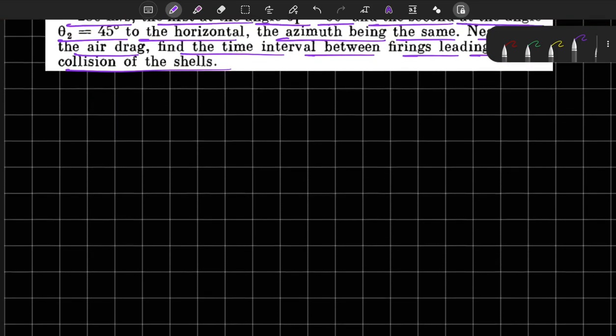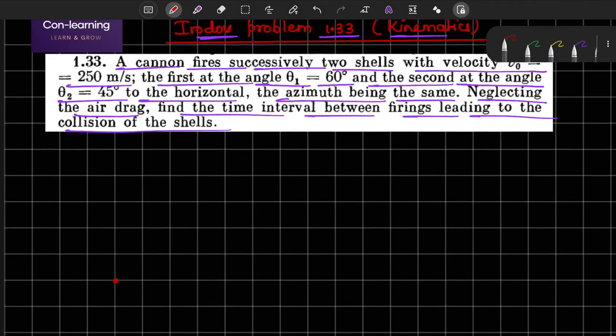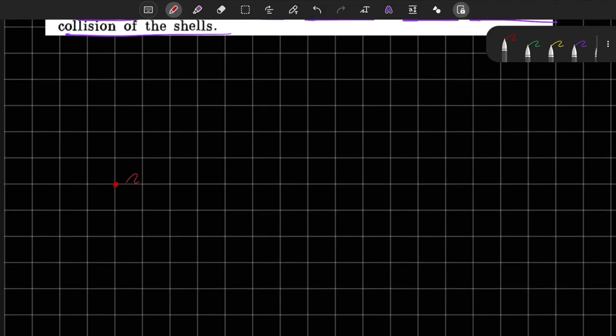So let us say this is the point from where the two shells are fired from the cannon. This is the horizontal direction and this is the vertical direction. Let us say this particular shell is fired at an angle of 60 degree and the velocity is 250 meter per second.